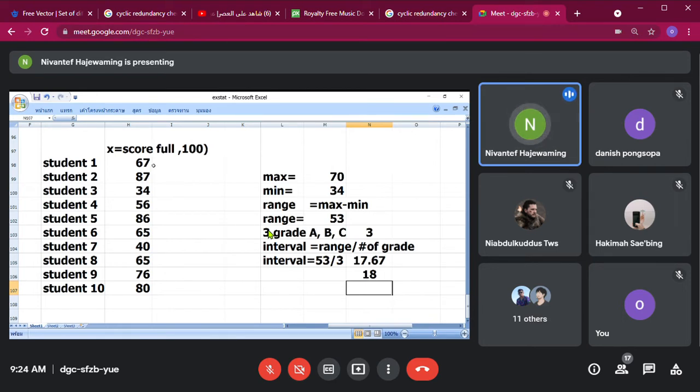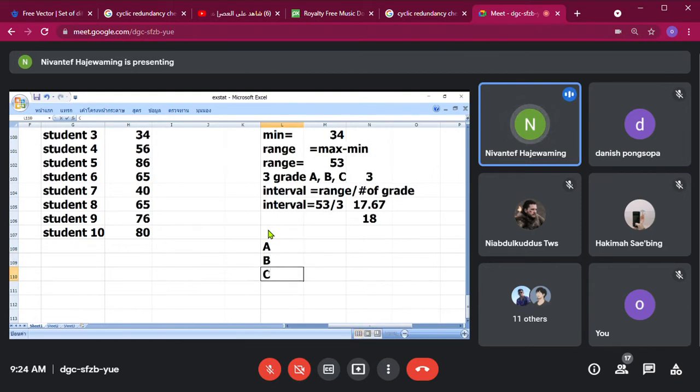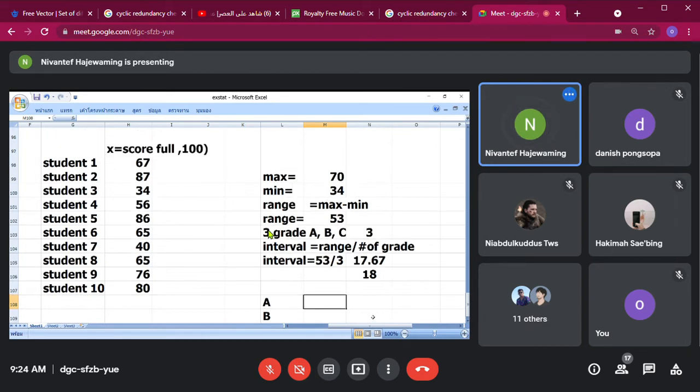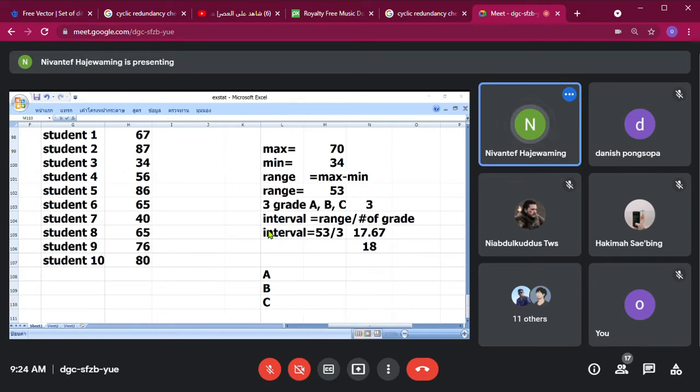You can find the ranges for grade A, grade B, and grade C. For grade C, you start from the minimum 34 and plus 18 to get 52.